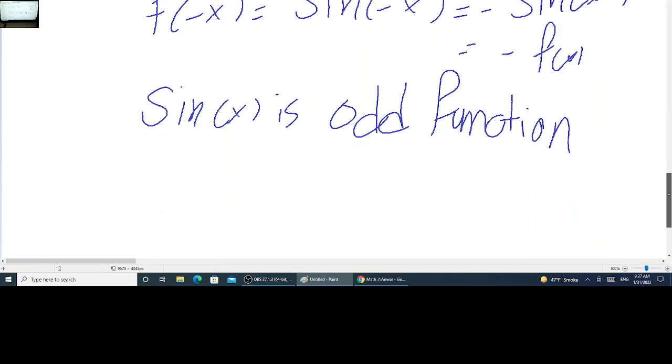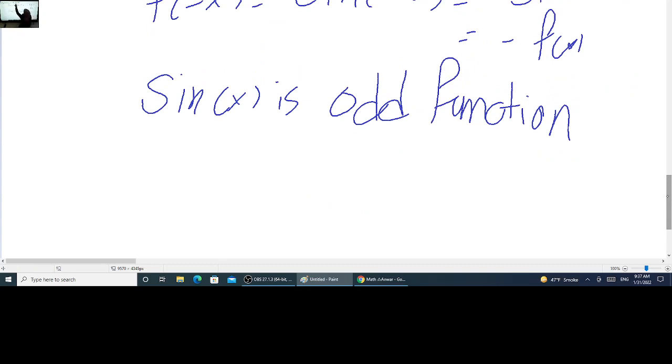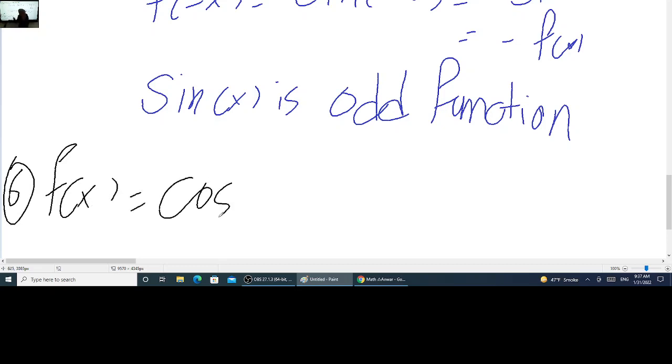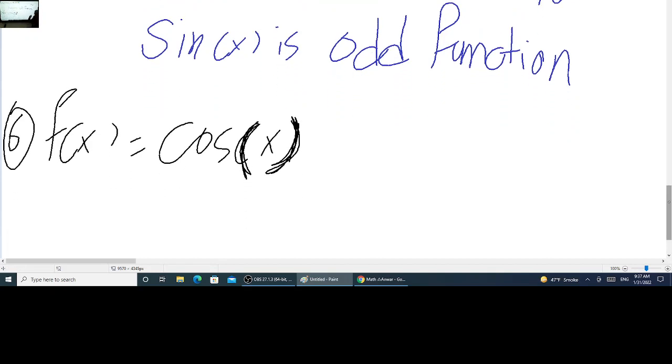Now, what about cosine x? Example 6: f of x equals cosine x.